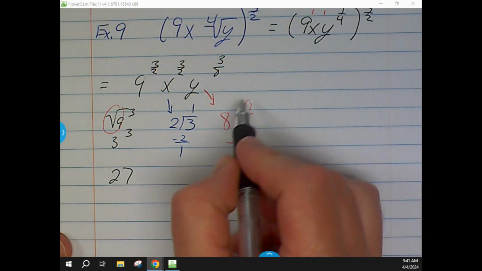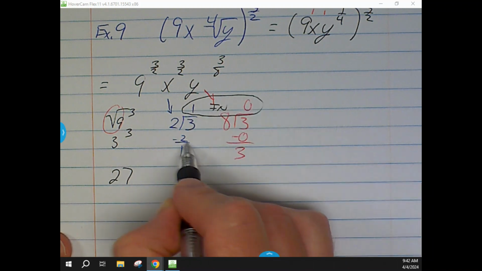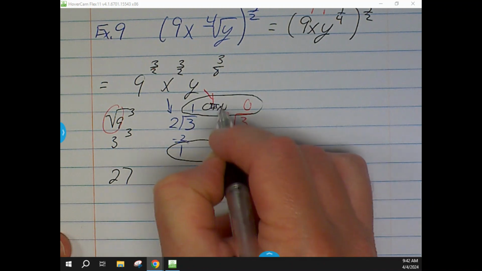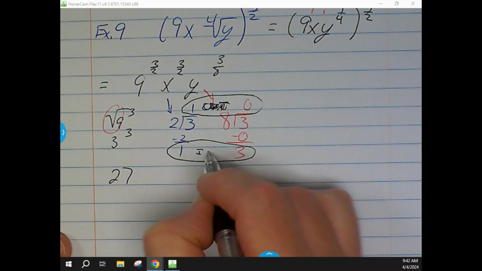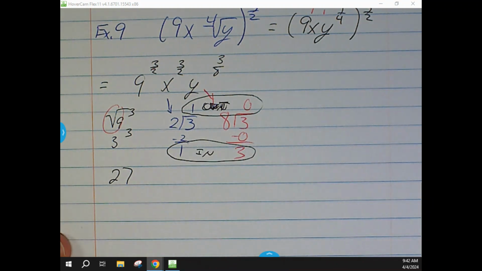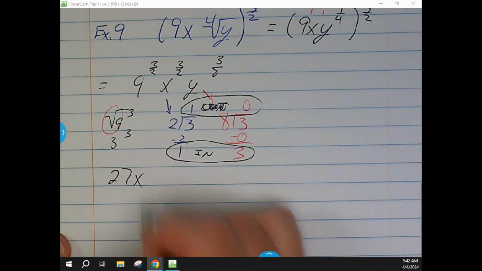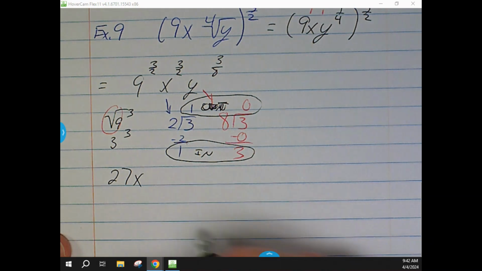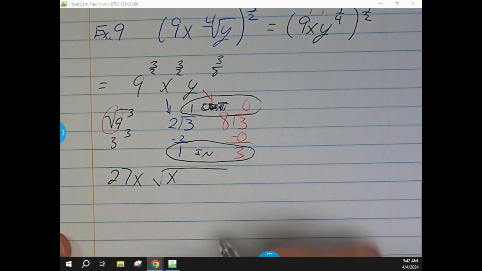Everything on the top is how many get out, and those are how many are left in. So we've got 1 x that will get out, no y's to get out, so we're left with 1 x on the inside and 3 y's on the inside.